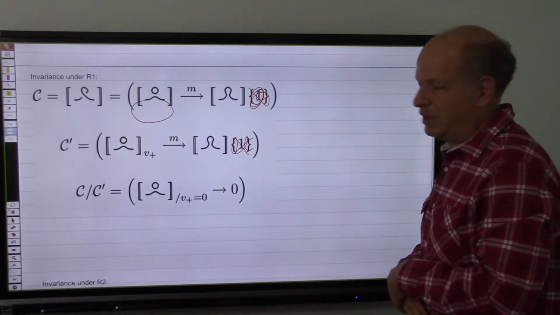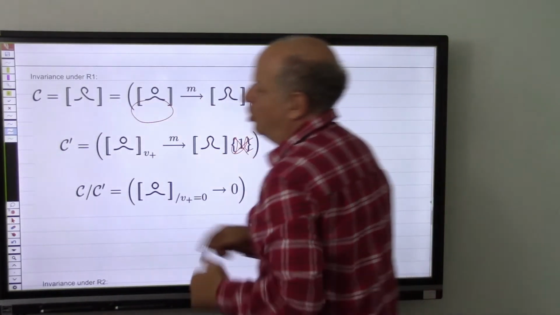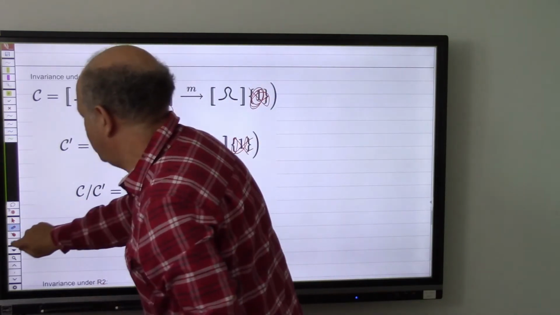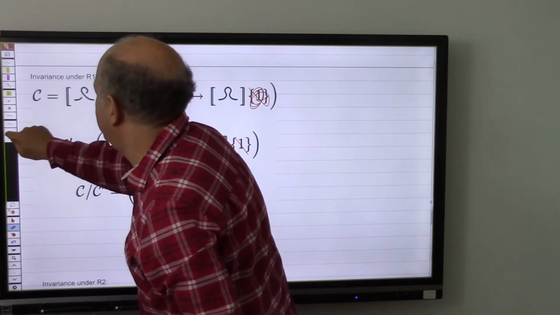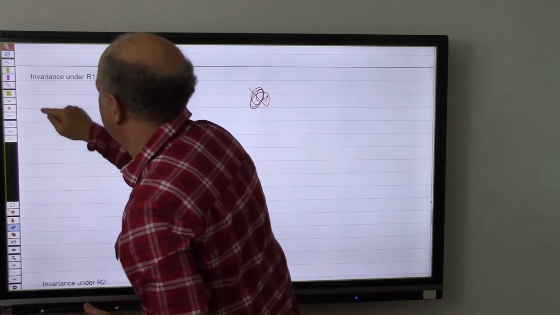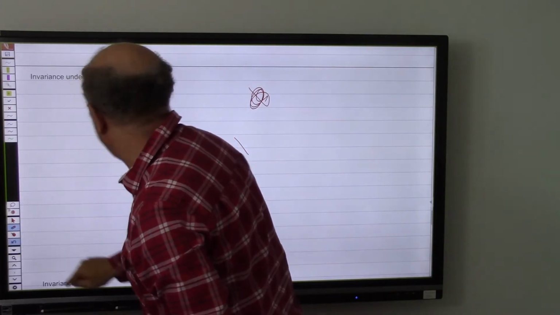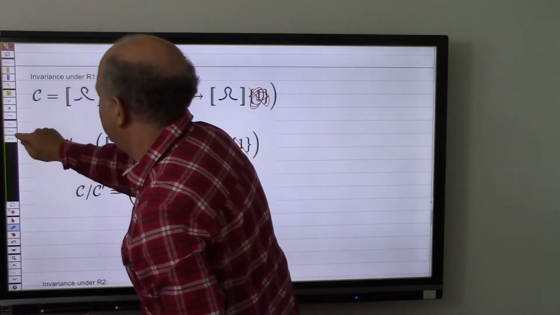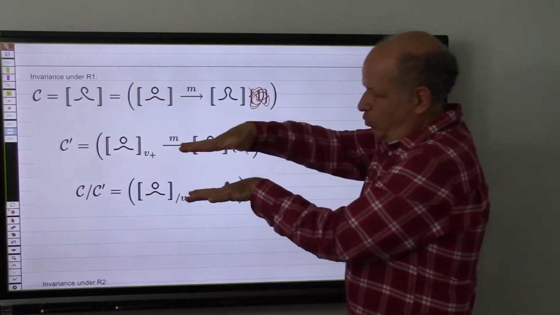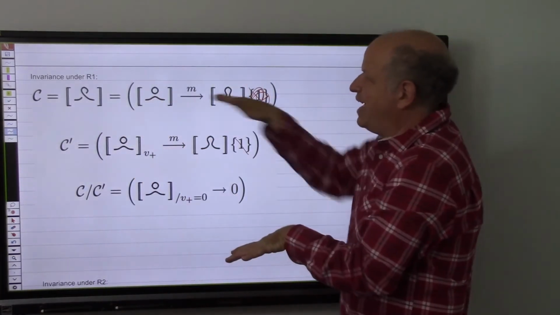Okay? So all of those edges that go from the one cube to the next are M edges.